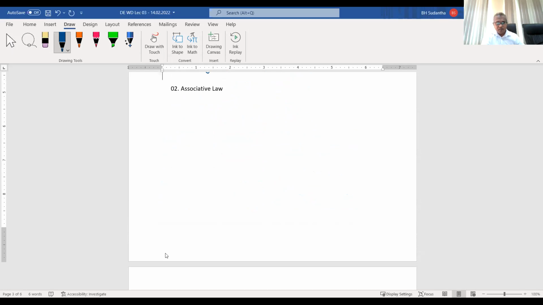It says, if you take this one, it equals this.